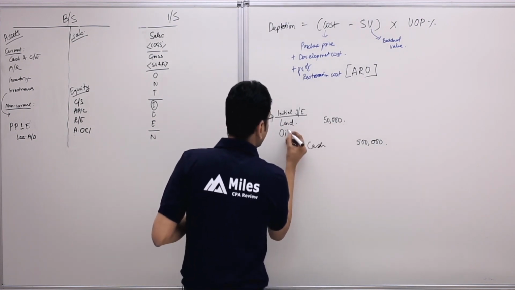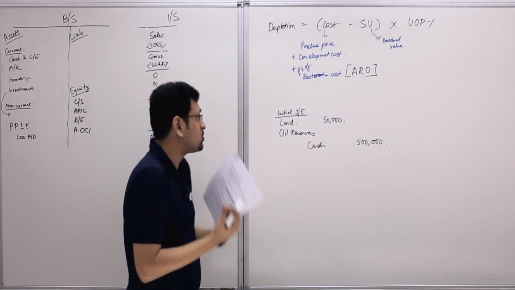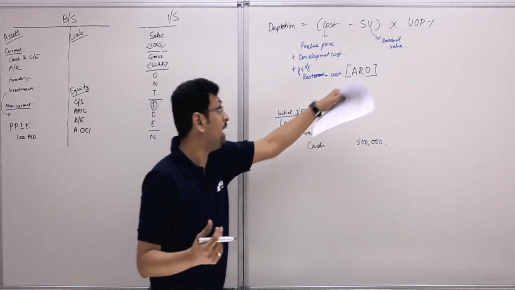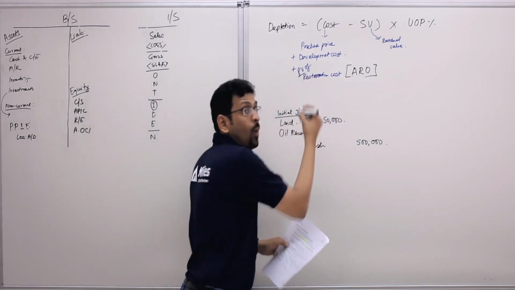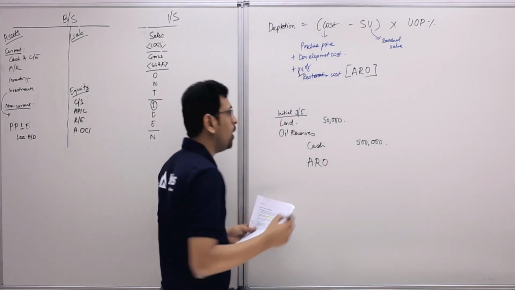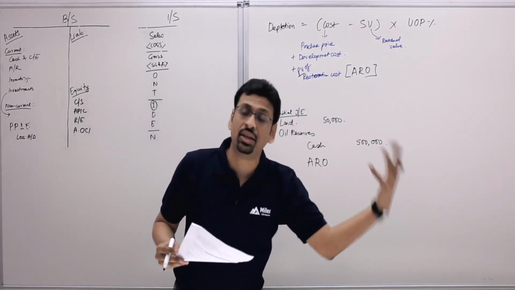And along with that, there are oil reserves that you're going to deplete as you extract it. And you're also going to recognize a liability. And as I told you, it's going to be at present value or fair value. So when I'm looking at the asset retirement obligation, it said it's going to be $25,000 after 10 years.